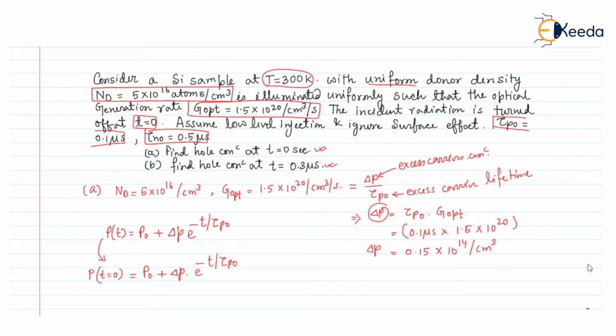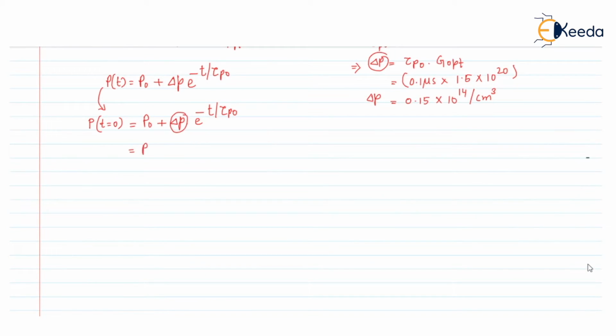Now, we know the value of del P, so we can put the value of del P. So it is P0 plus 0.15 into 10 to the power 14 e to the power minus the value of T, which is 0, by tau P0. So you can write P0 plus 0.15 into 10 to the power 14 into 1.